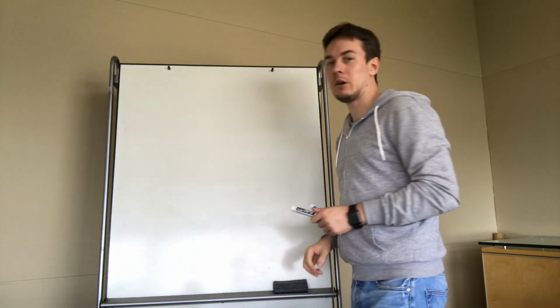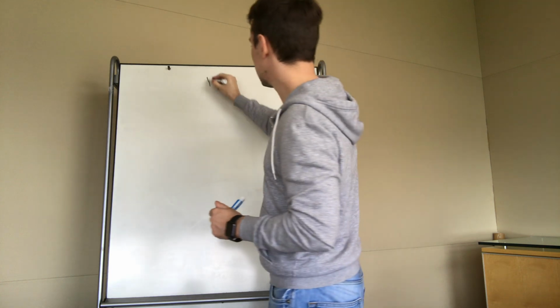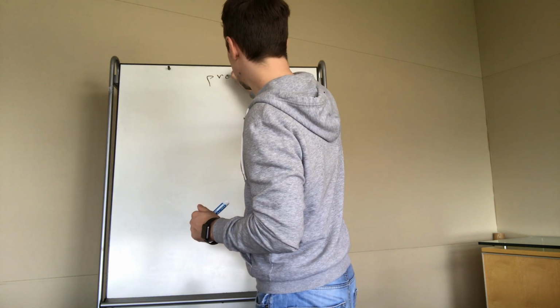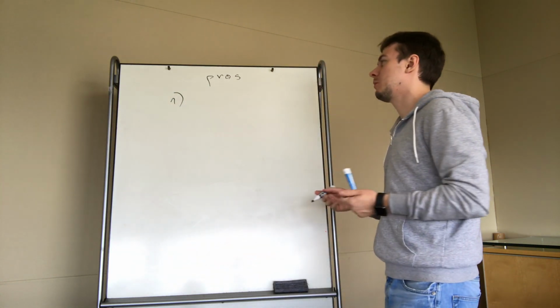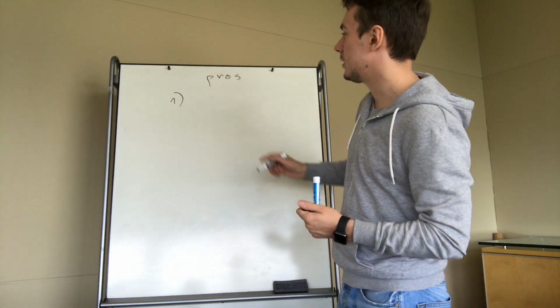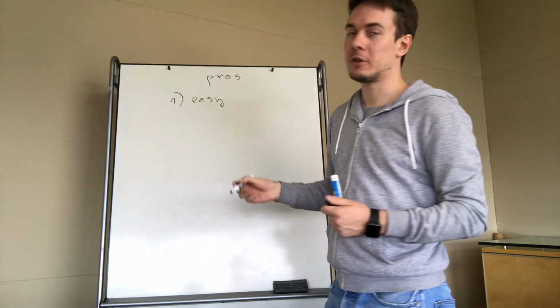Now I would like to tell you about pros and cons of this algorithm. Pros. Of course, one of the most important pros of this algorithm is that it is very easy to describe and to understand.